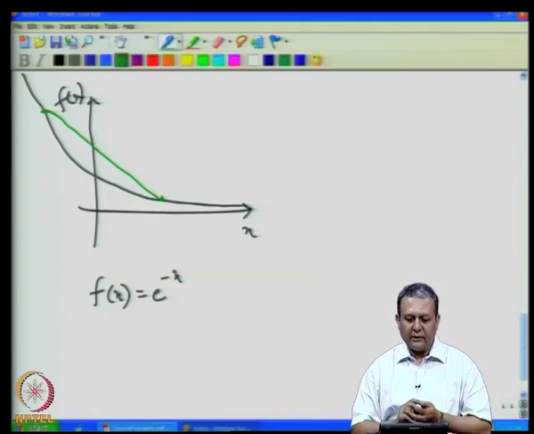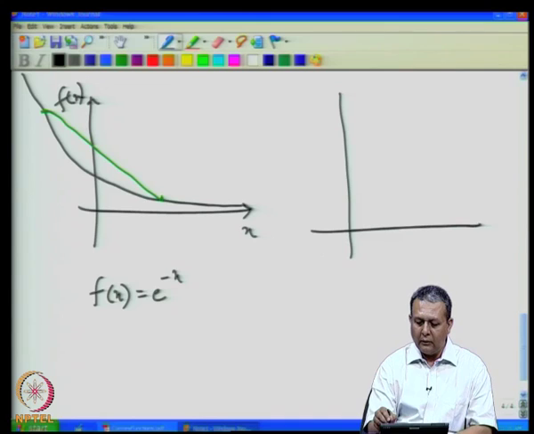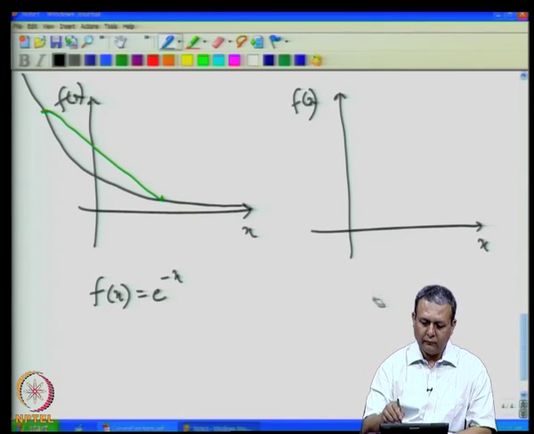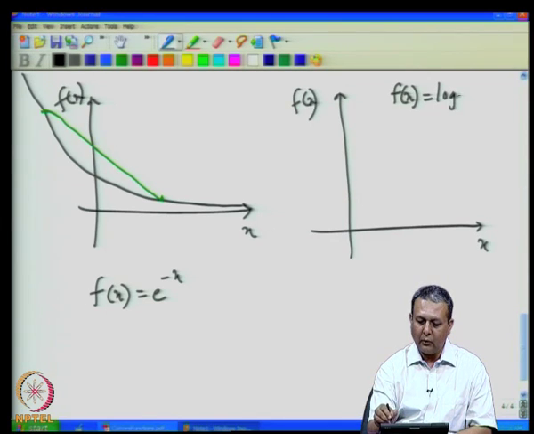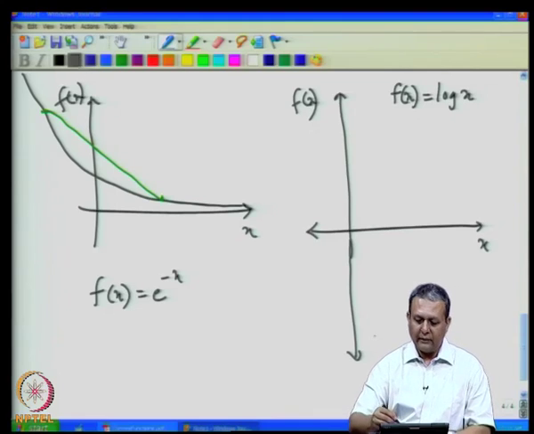Now, the function f(x) is equal to log x. If you try to draw the graph of this function, f(x) is equal to log x, it will look something like this.